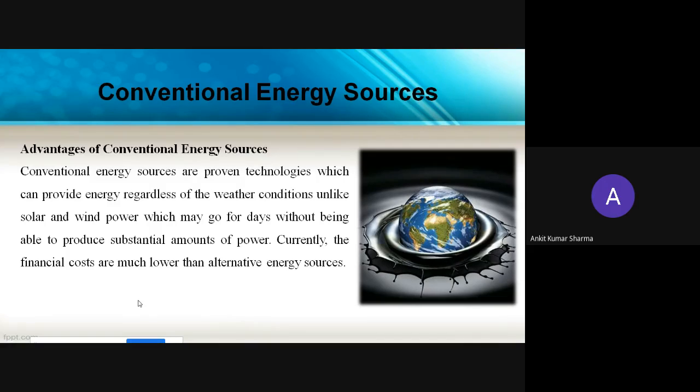And the second advantage is the financial cost, or you can say the energy cost, which is much lower than the alternative energy sources.